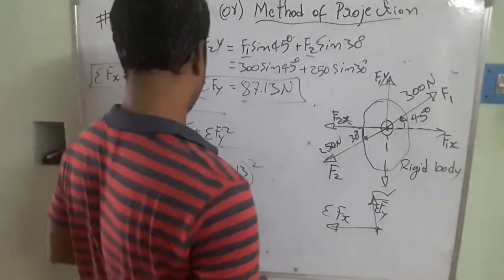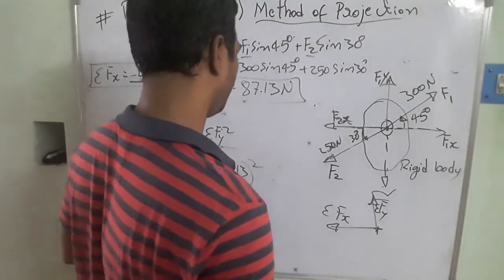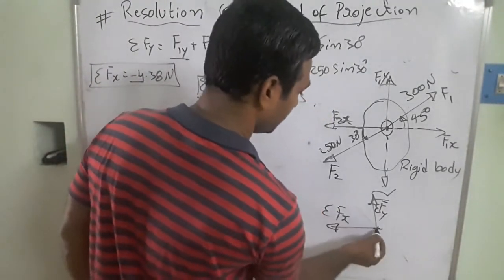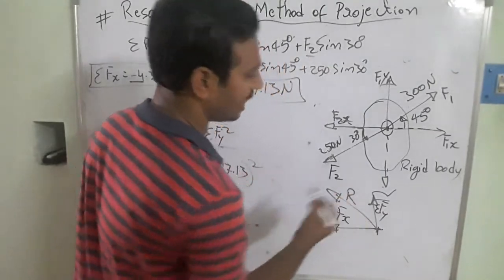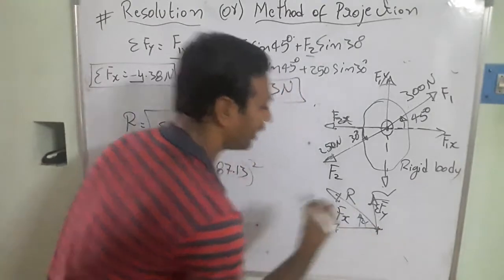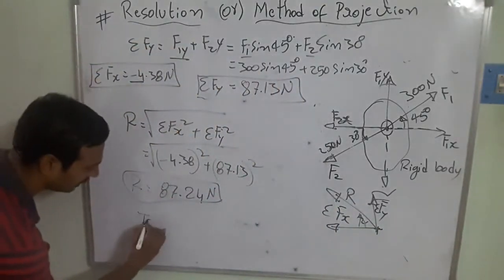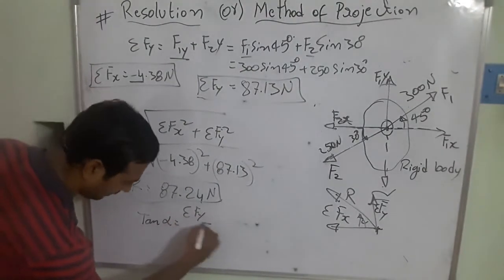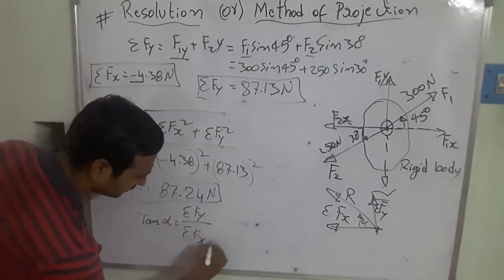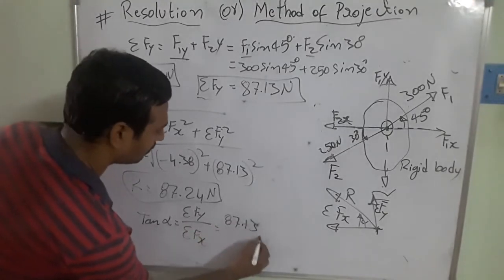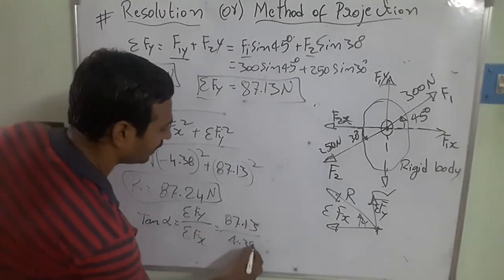So which direction is it going to be moving? R is going to move either in this direction or this direction. That means it will move in this direction. This is the R. So what is the inclination with the horizontal component? This is alpha. So I take tan alpha is equal to the summation of the forces in the vertical direction by the summation of the forces in the x direction, that is 87.13 by 4.38.